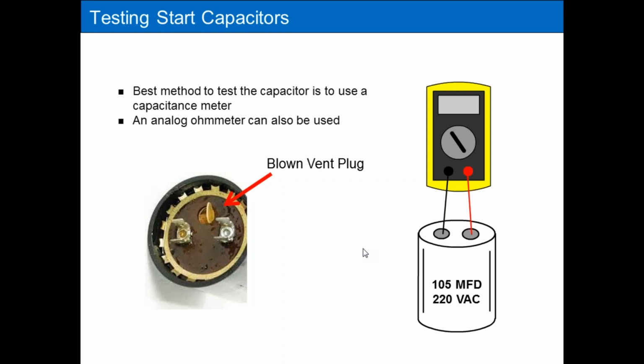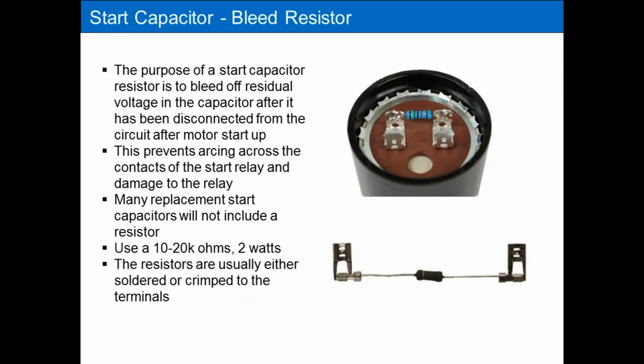So if you have a compressor that's not starting, always make sure you check your capacitor and see if it's the cause. If you ever have to replace the capacitor, make sure you put a bleed resistor on the replacement capacitor, or make sure the replacement capacitor has a bleed resistor. If you put a start capacitor on without a bleed resistor, you could cause both the relay and the capacitor to fail prematurely.